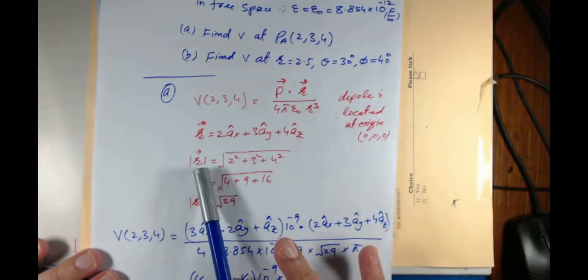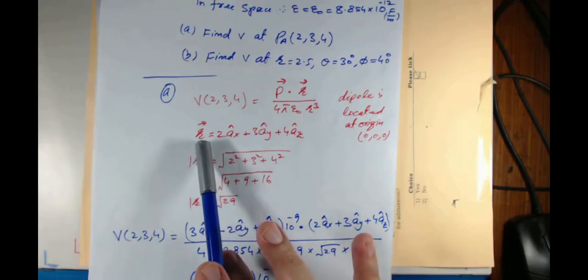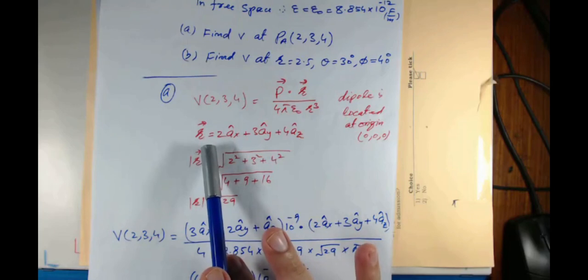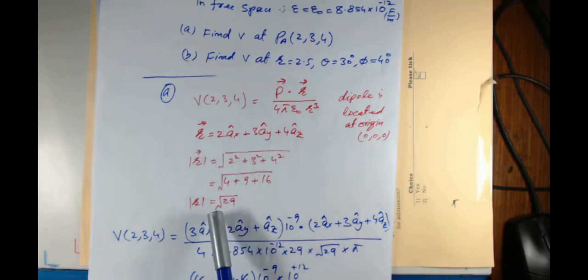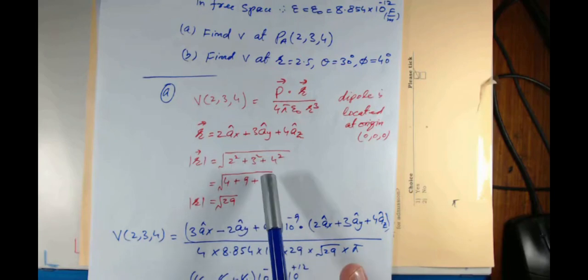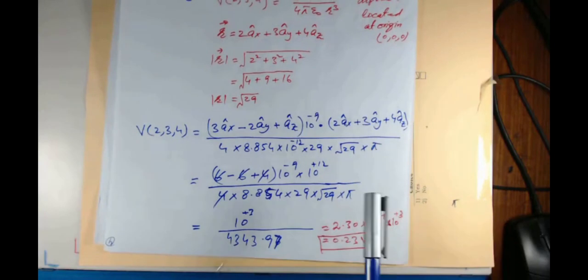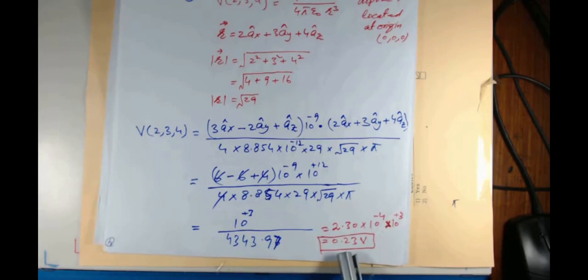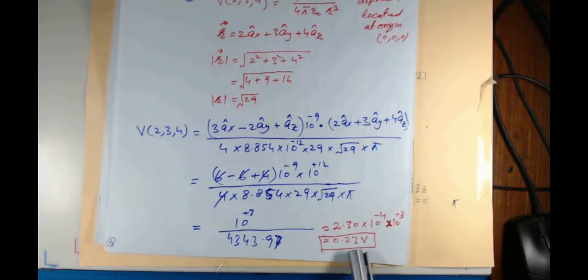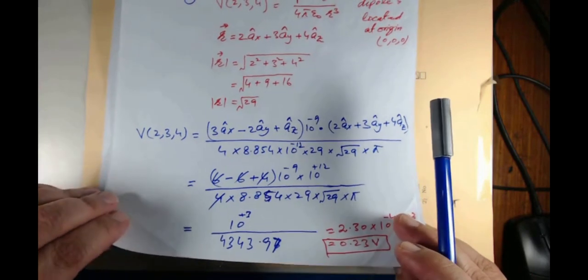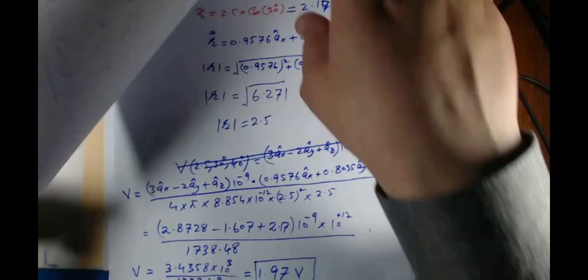And also obtain the magnitude from the above vector, R, so this becomes equal to square root 29. Plug in all this information in this relation, and after some mathematical manipulation, we obtain the value of potential, which is equal to 0.323 volt, which perfectly matches the answer given at the end of this problem on page 100.